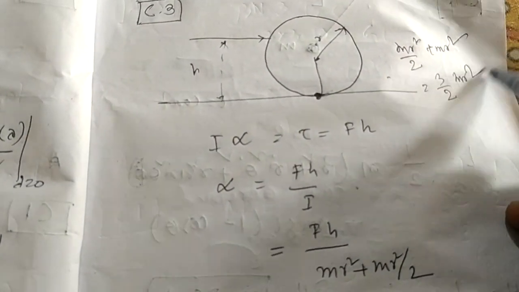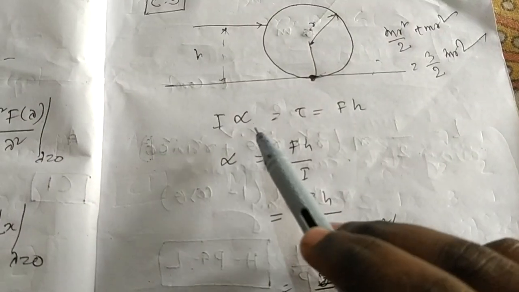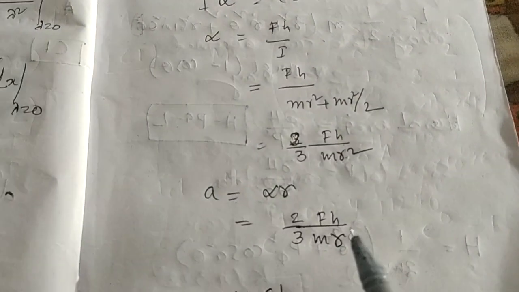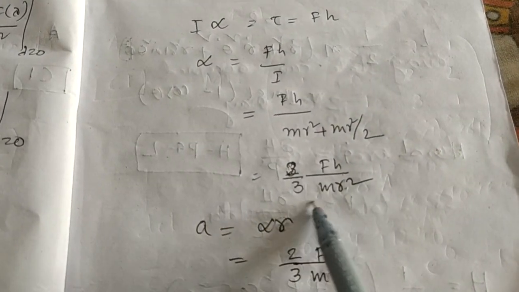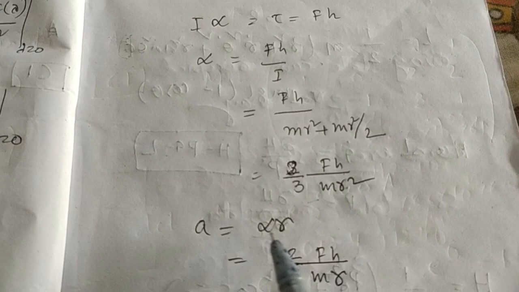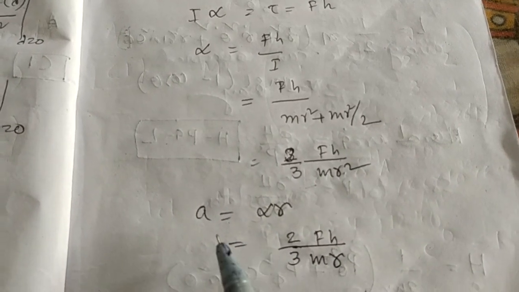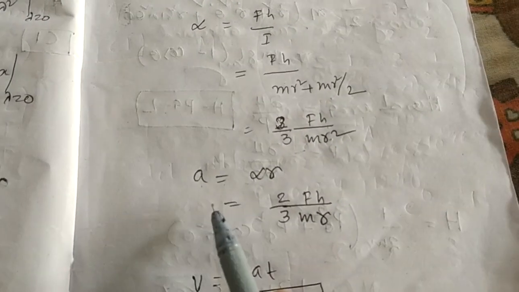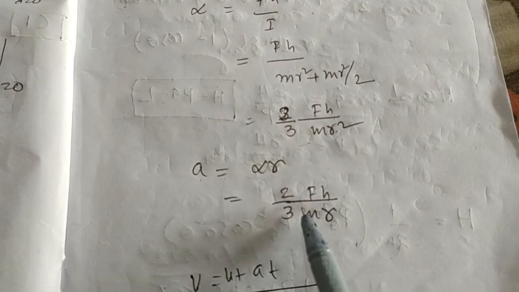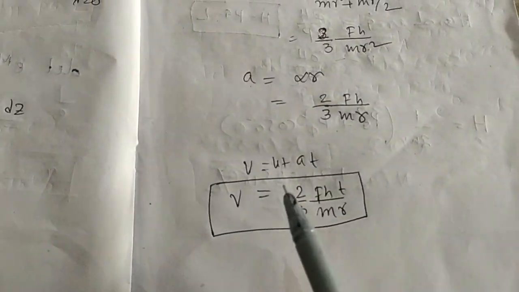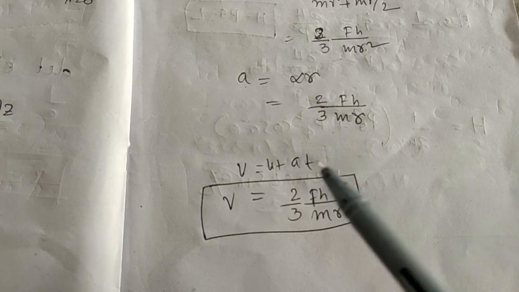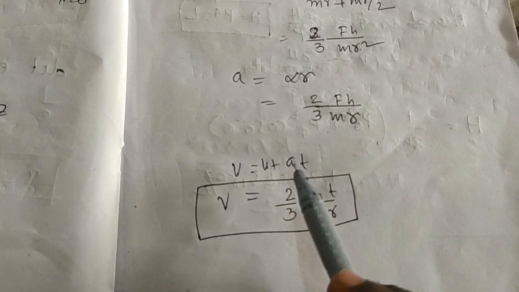This is the moment of inertia, and alpha is angular acceleration. So we get the angular acceleration, this is 2 by 3 F h by m r square. Now the linear acceleration is a equal to alpha r, we get this. Now v is equal to u plus a t, as it starts from rest, u is 0, we get this expression for v.